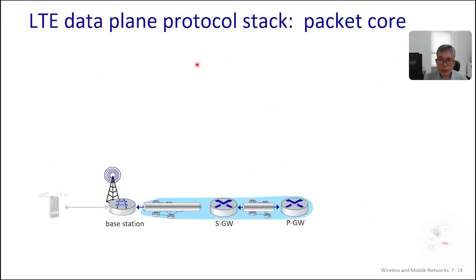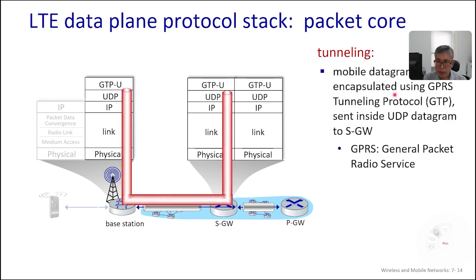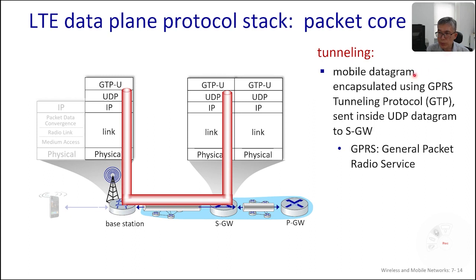So this figure shows a packet path. The UE transmits the packet, and the packet is received by the base station, the eNode B. Then using a tunneling protocol called the GPRS Tunneling Protocol, GTP, it is sent inside a UDP datagram to the S-gateway.